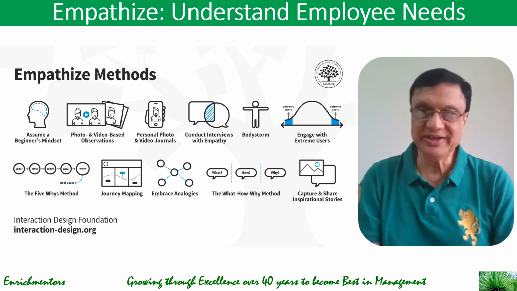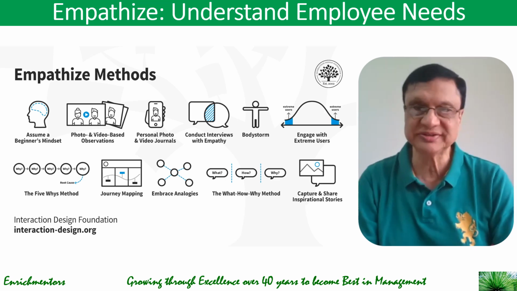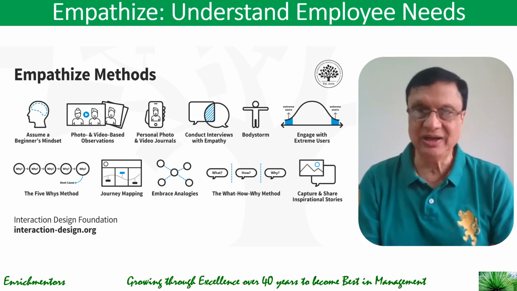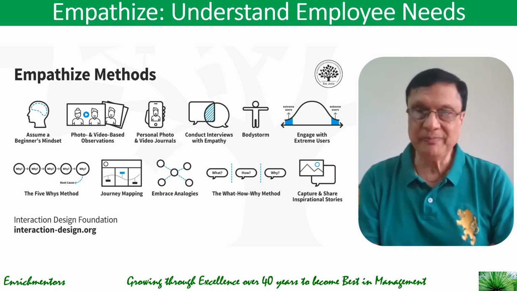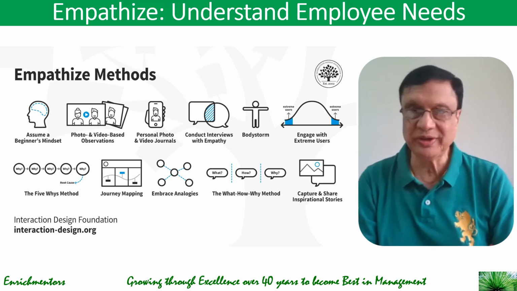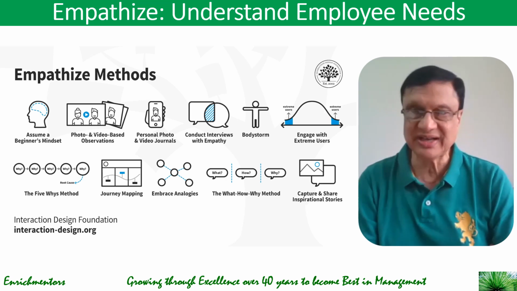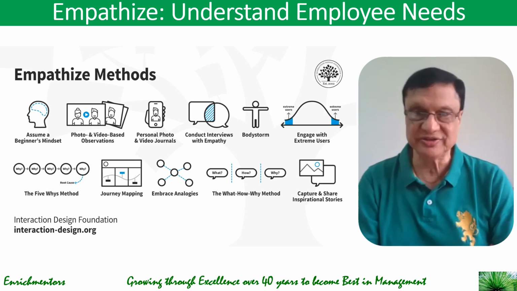So, the various steps that you can take is to conduct interviews and surveys to gather feedback on current HR processes such as recruitment, onboarding, performance reviews, and learning opportunities. You can also use focus groups to understand pain points from a diverse group of employees. And basically, you need to walk in employee shoes by using methods like a day in the life studies to understand their daily experiences.